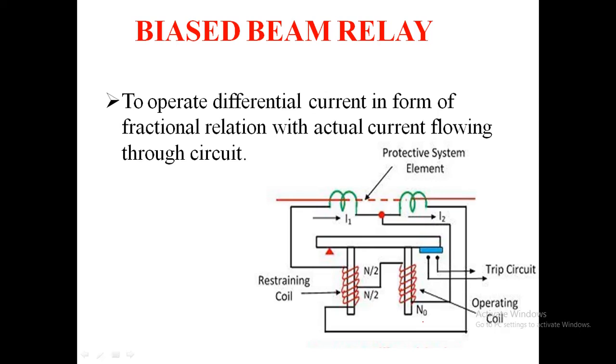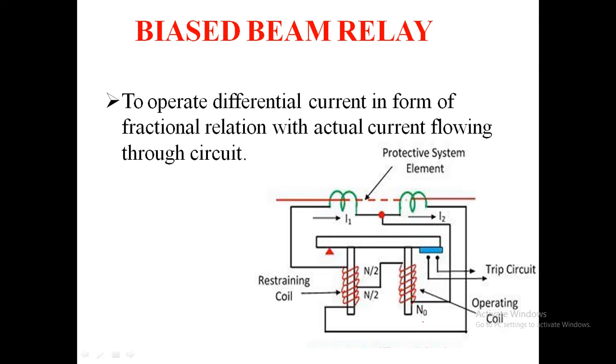The next type is the biased beam relay, also called the percentage differential relay. It operates on the differential current as a fractional relation to the actual current flowing through the circuit.